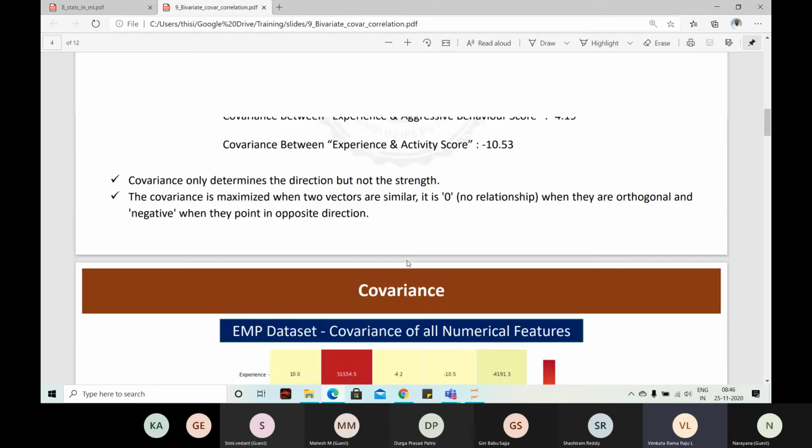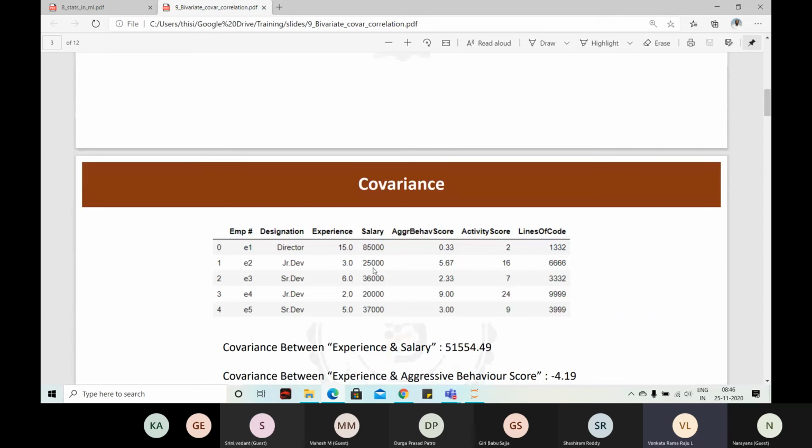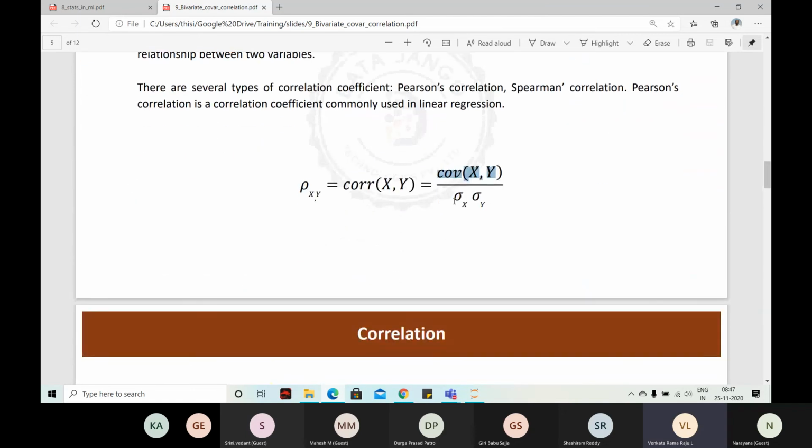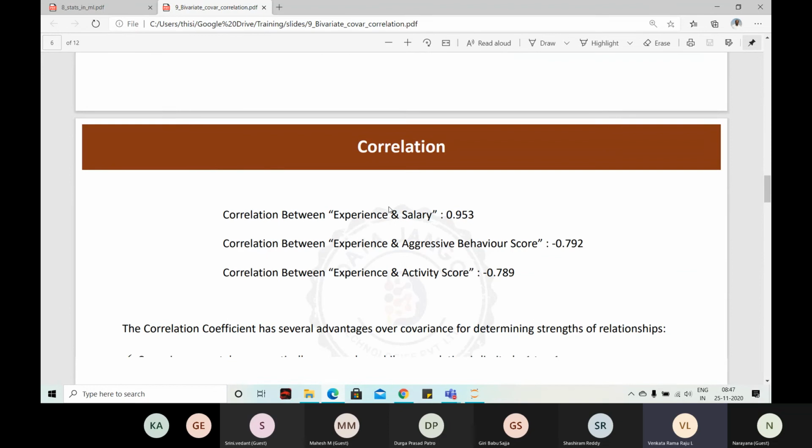As when you take the maximum and divide each number, the column values come between 0 and 1, similarly, when you take covariance and divide it with the standard deviations of x and y, the correlation coefficient comes between -1 and +1.